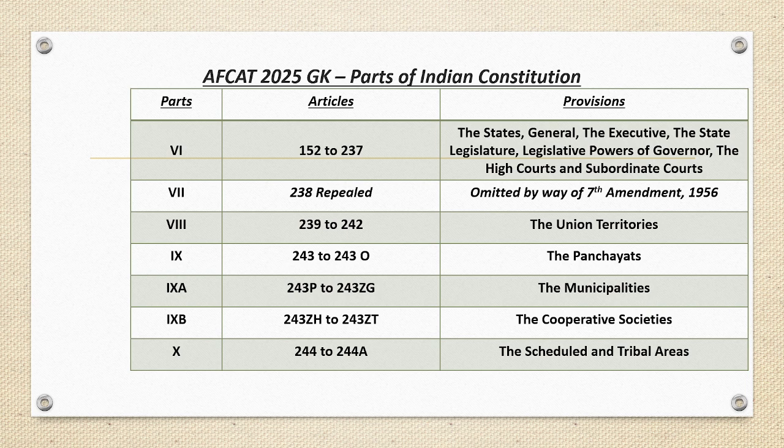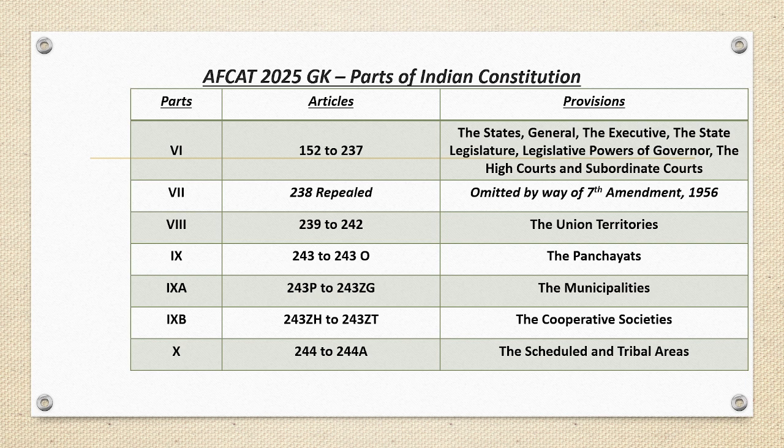Then part 7 has been omitted by way of the 7th Amendment. And part 8, articles 239 to 242. This part 8 discusses the union territories. You know, there are several union territories, such as Jammu and Kashmir, the National Capital Territory region of Delhi, and so on.